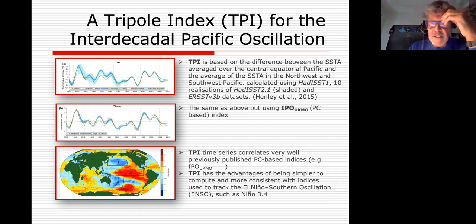TPI is based on the difference between the SST anomaly average of the Central Equatorial Pacific and the average of SST in the Northwestern or Southwest Pacific.